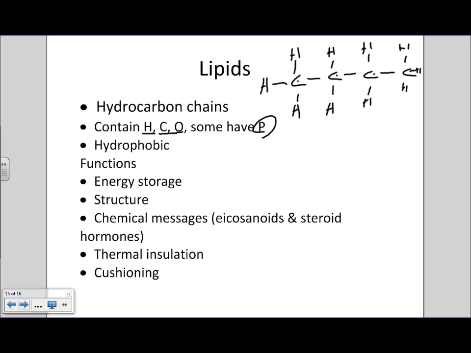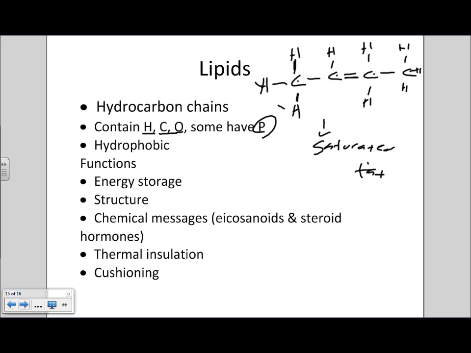Now this is what we would call a saturated fat. It's saturated because there's a hydrogen bound to each carbon. So basically, all the hydrogens are present. If I removed one of these, let's say I remove this hydrogen and I force this carbon to double bond with this, now this is what we would call an unsaturated fat.